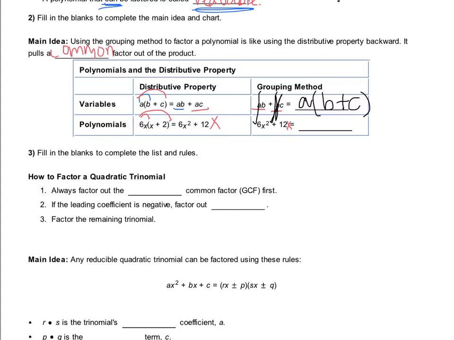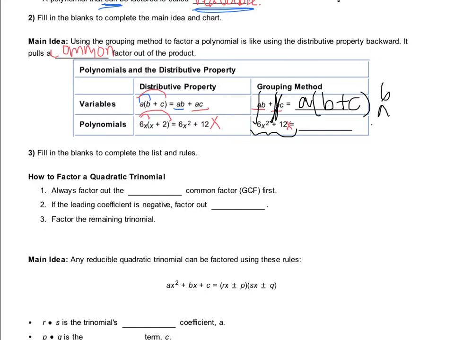So when I'm going backwards, I'm looking for what these two pieces have in common. I would encourage you, as annoying as it's going to seem, to write all of these pieces as products of their prime factors. So I need to prime factor 6.